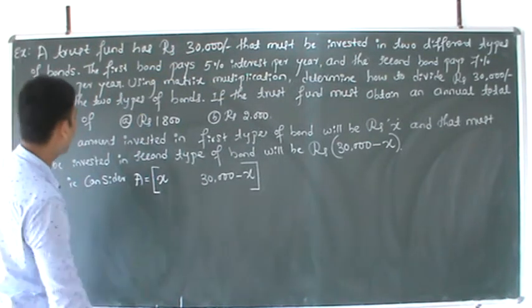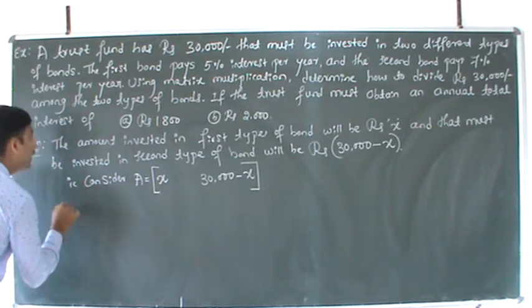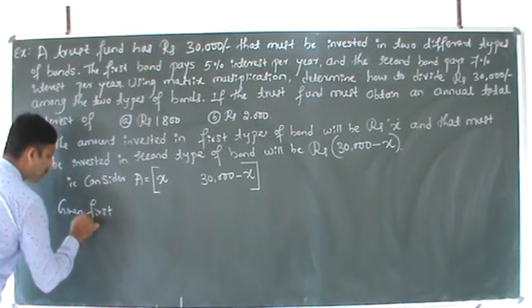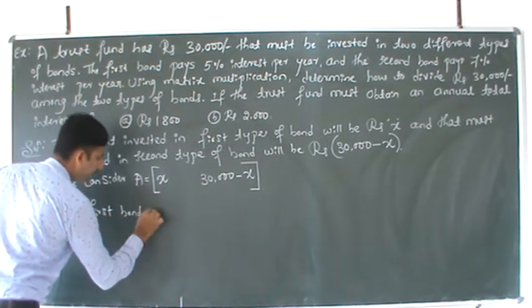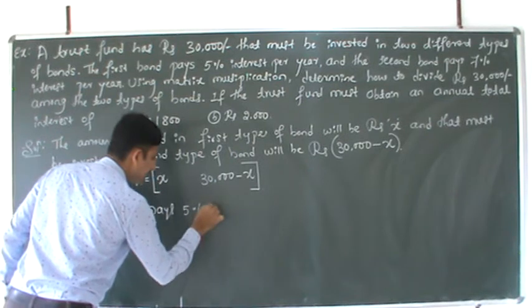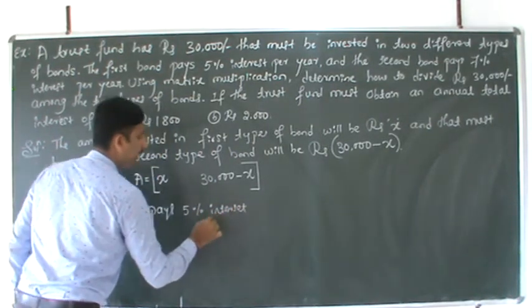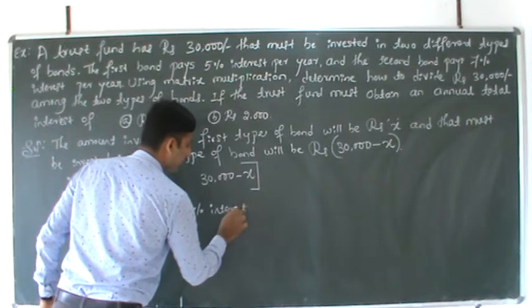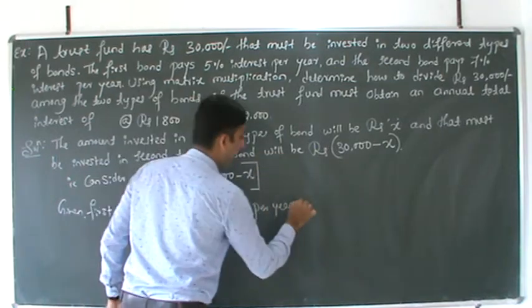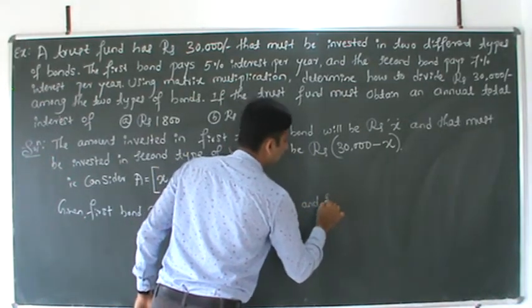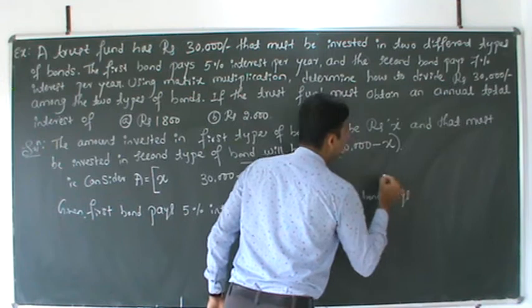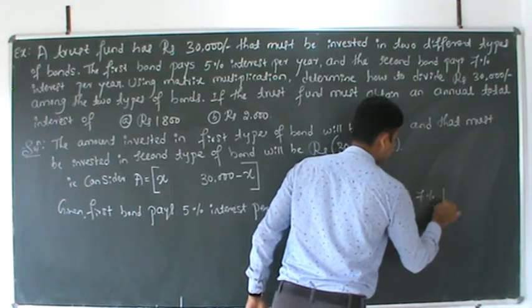Correct? How to write? You consider the first bond pays 5% interest per year, and second bond pays 7% interest per year.